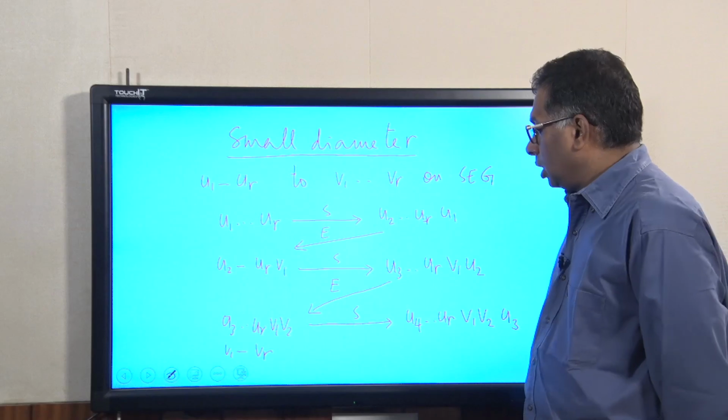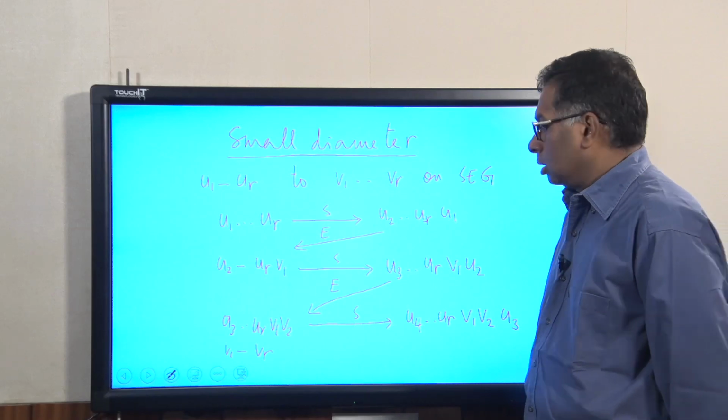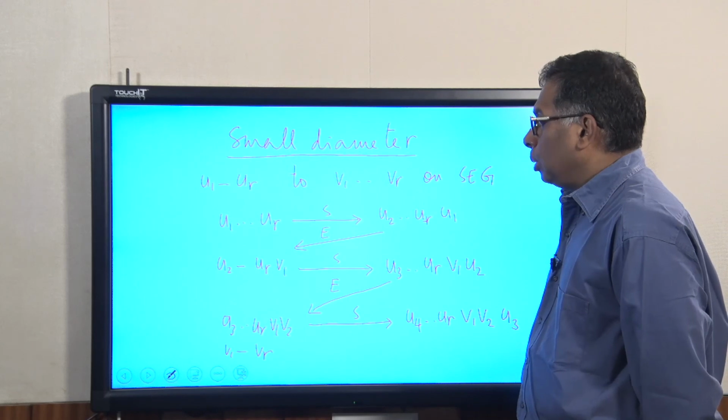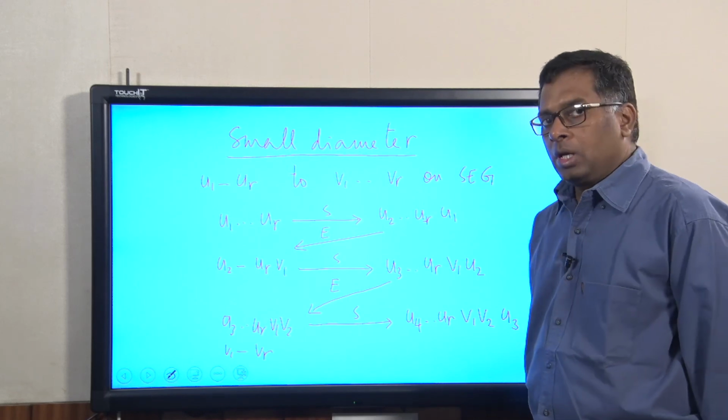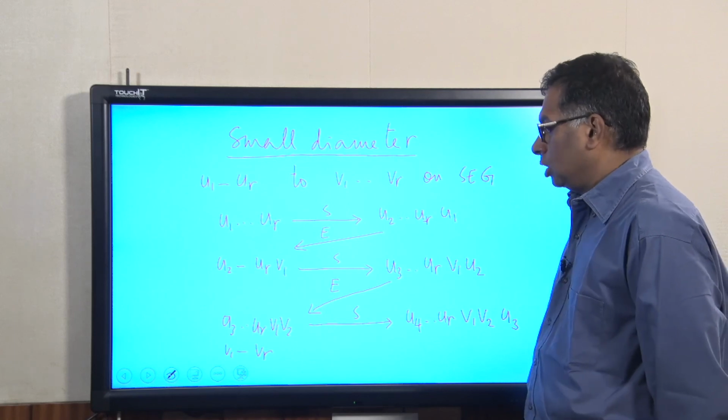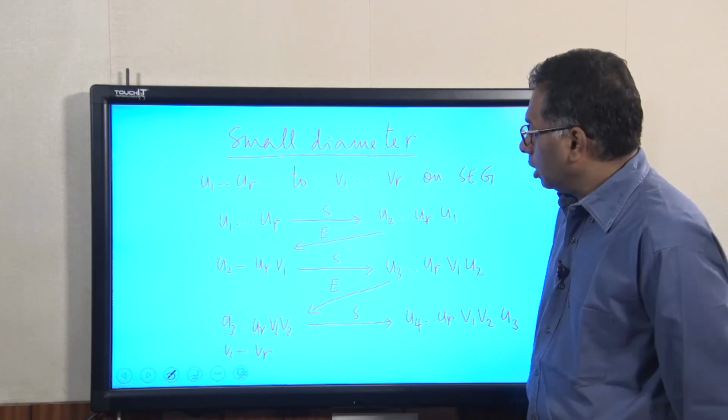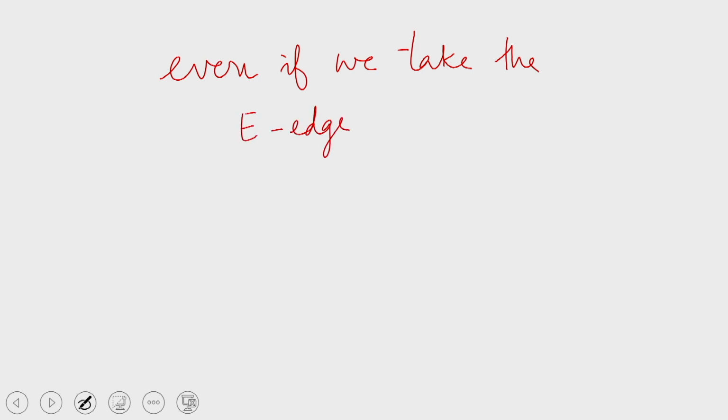So if you take shuffle and exchange edges in this manner, we will be able to go from any vertex U1 through UR to V1 through VR. In the worst case, we will have to take an exchange edge for every single step. So even if we take the exchange edge in every single step, the path has a length of 2 log n.